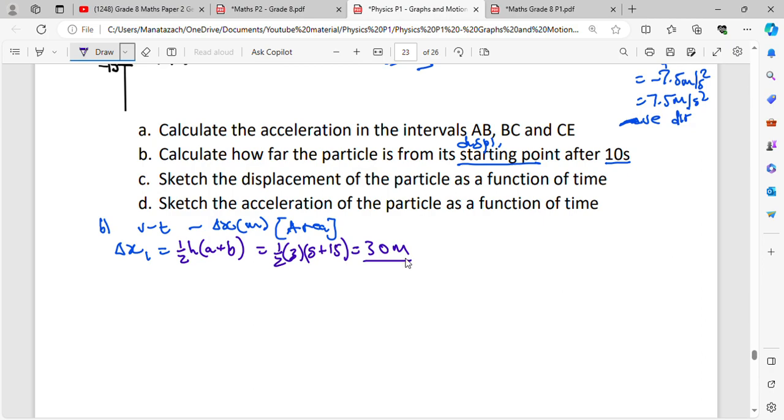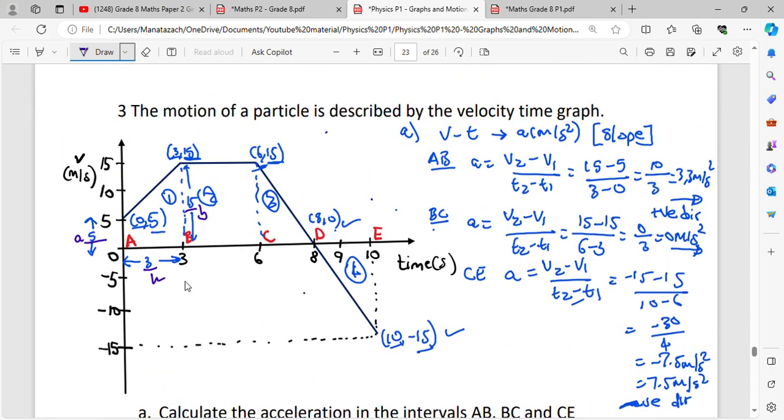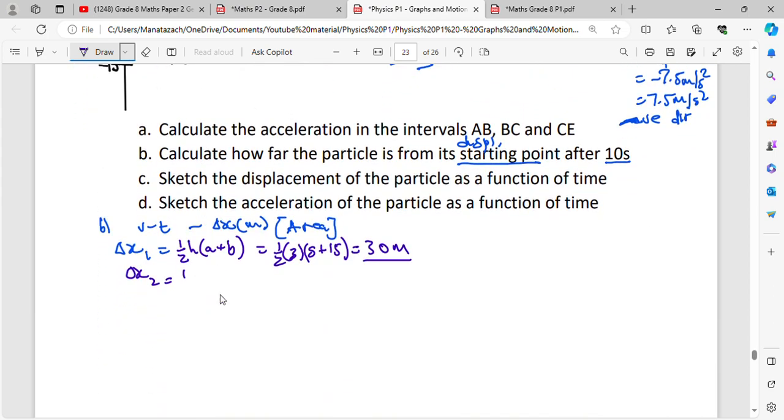And then change in x2, we're dealing with this area here, which is a rectangle. It is a base of 6 minus 3, which is 3. The height is 15. So base times height is 3 times 15, 45 meters.